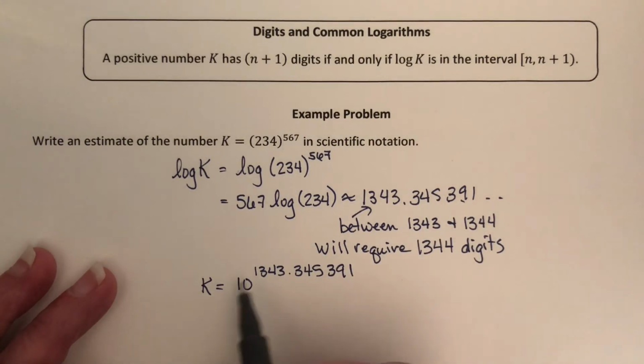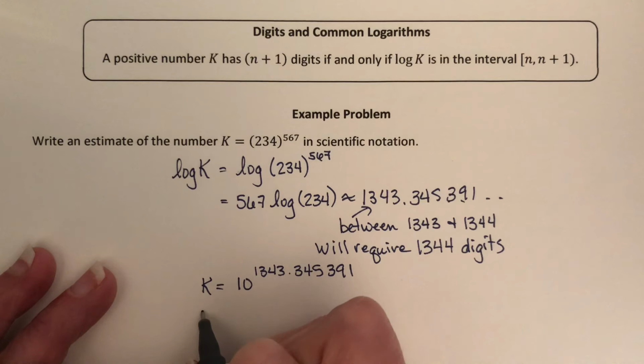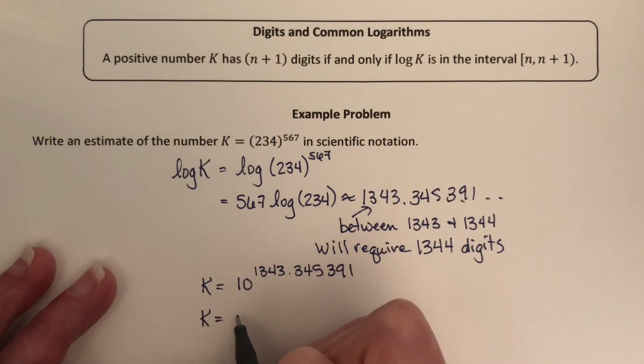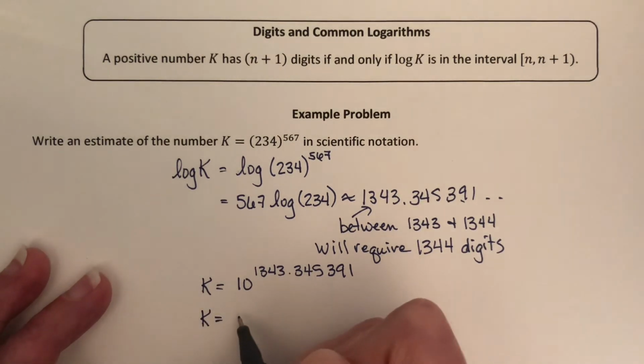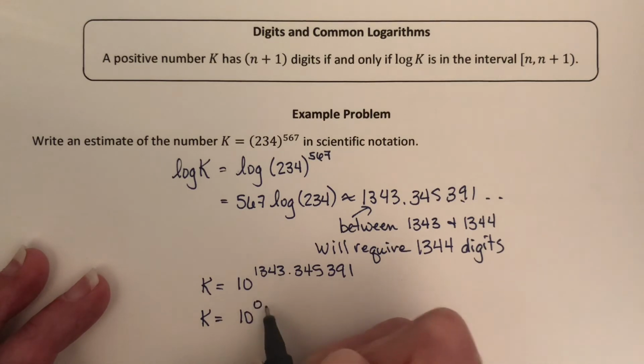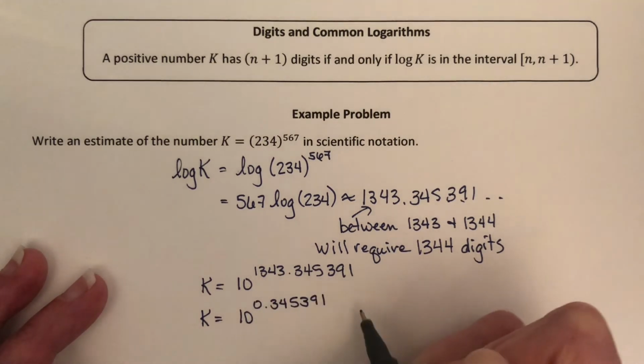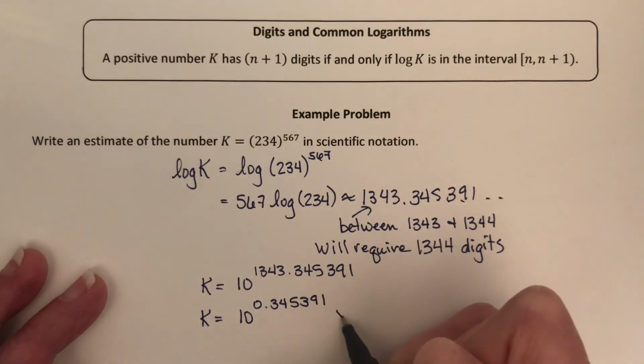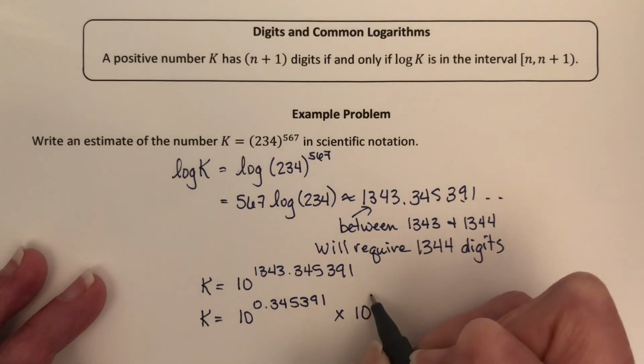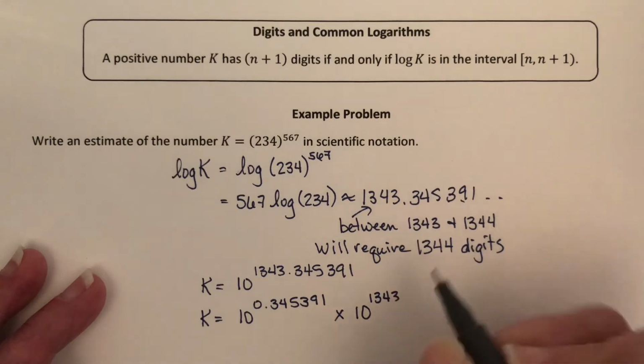Now if you use your properties of exponents, I can rewrite this as 10 to the 0.345391 times 10 to the 1343.